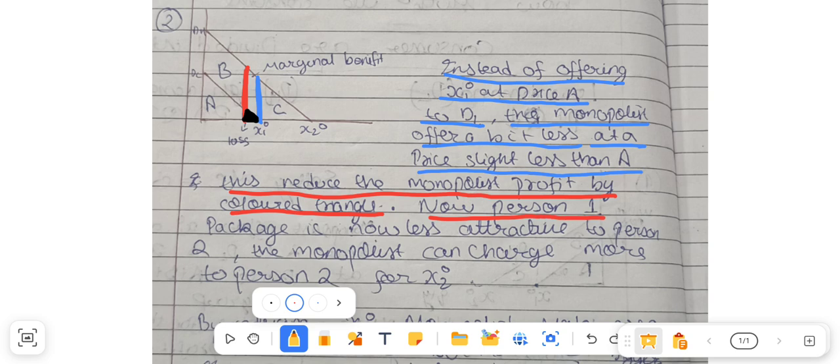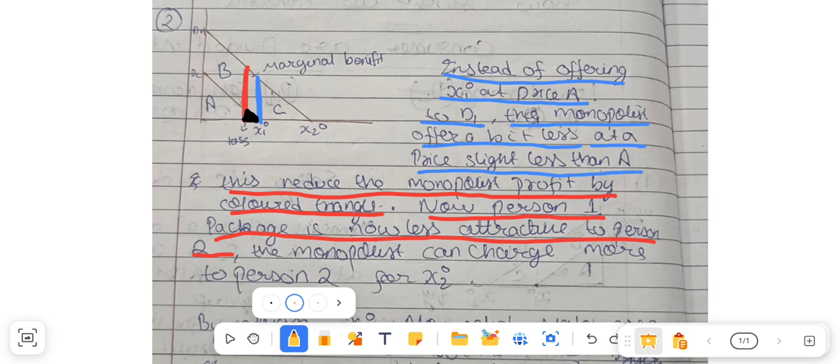Now, person 1's package, the low demand group package, is less attractive to person 2, which is the high demand group, because if they choose to consume x1 amount of good, they are unable to do so because the monopolist has reduced the quantity and is charging the same price A. So due to this they will not find it optimal to consume x1 amount of good.